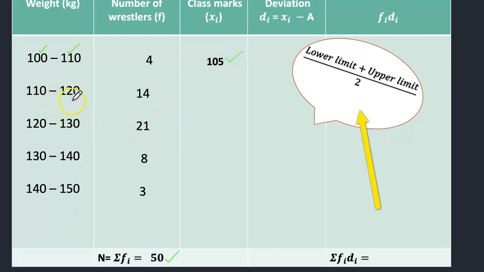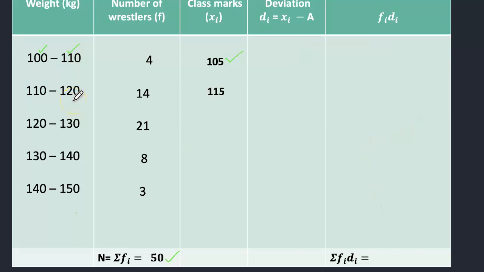And 110 plus 120 divided by 2, the result is 115. 120 plus 130 divided by 2, the result is 125. And 130 plus 140 divided by 2, the result is 135. 140 plus 150 divided by 2, the result is 145.